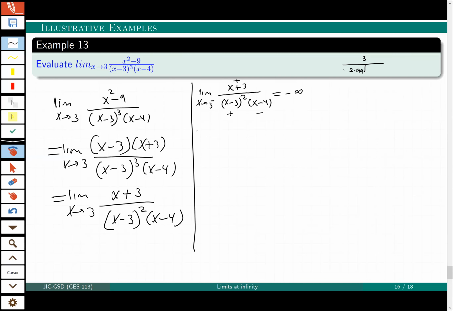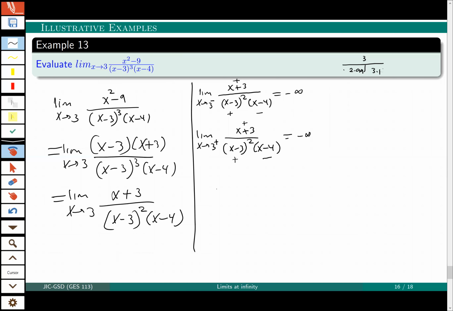If I consider it from right, like 3.1, that will be positive because it is squared, but that still will be negative, so I'll get negative infinity.